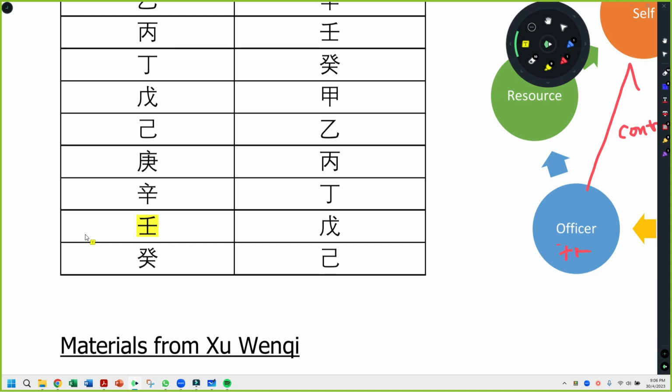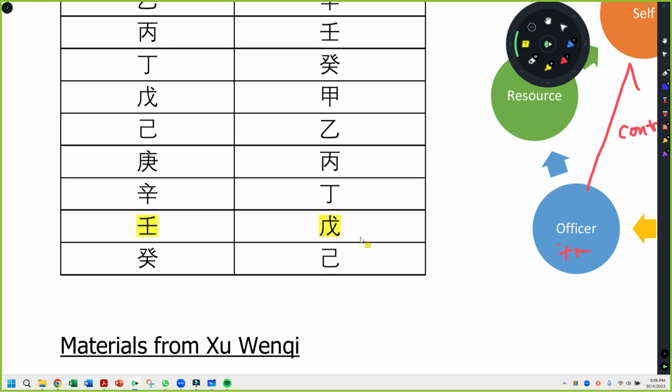And water will flow aimlessly unless there is a boundary. Therefore, Ren Water must need the Wu Earth. So Wu Earth is one of the necessities, one of the Useful Gods, the Yongshen that is needed for water.